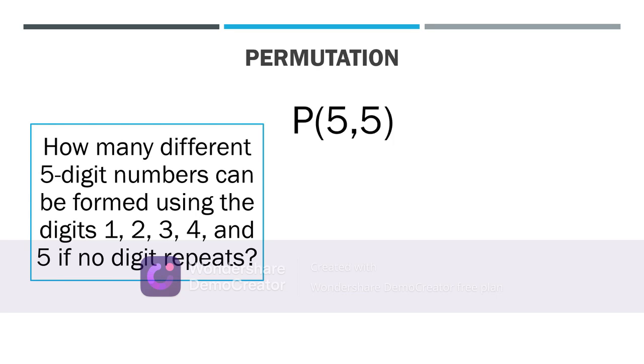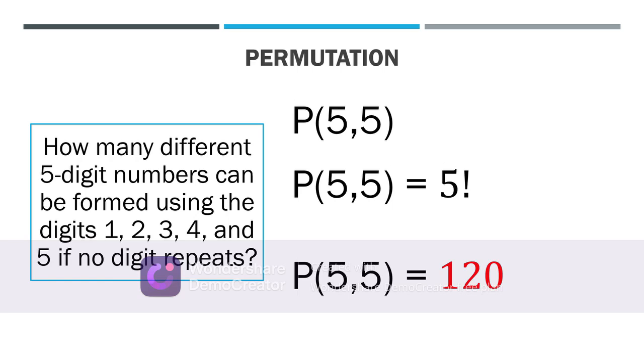So, we have permutation of 5 taken 5 at a time. So, out of 5 digits, gagawa tayo ng 5. So, we will take 5 out of 5. Okay, or that is 5 factorial or 120. So that means there are 120 different 5-digit numbers that can be formed.